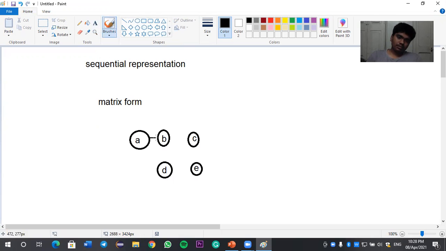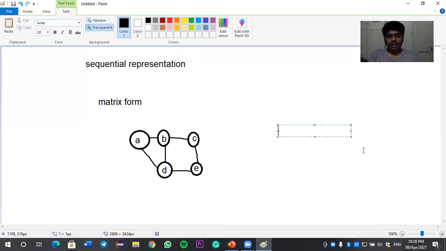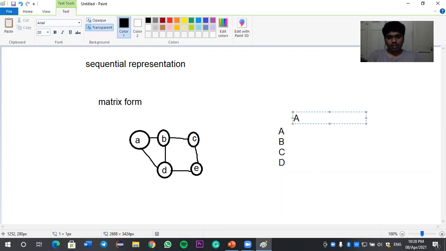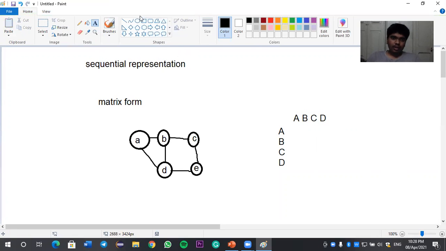After joining this, it is very easy if we have a good grip on mathematics. This is a very basic application of mathematics. Now we need to draw a matrix like this: A, B, C, D, and then draw the same here also: A, B, C, D. Now we need to insert the elements.